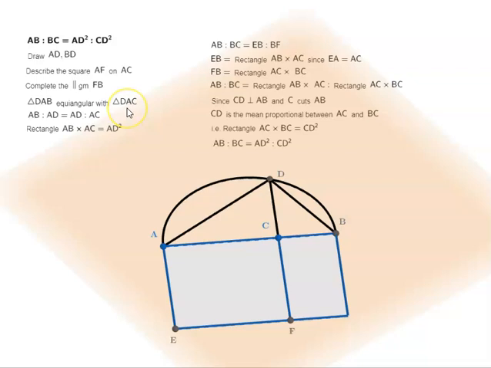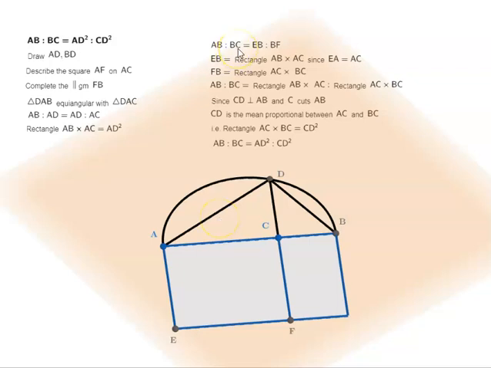So since it is equiangular, we can say AB is to AD as AD is to AC. Sides about the equal angles are proportional. So that means rectangle AB by AC is equal to the square on AD.